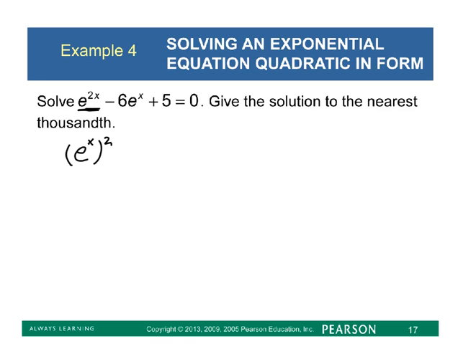I can rewrite this as e to the x, then raised to the 2. I'm going to say let u equal e to the x. And now what we're going to do is replace our e to the x with u.